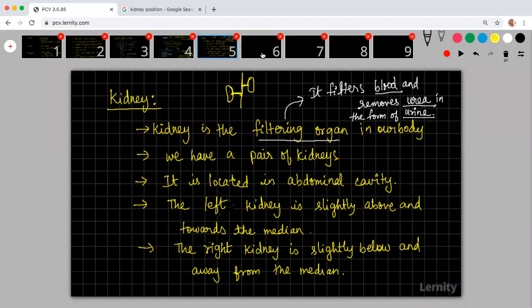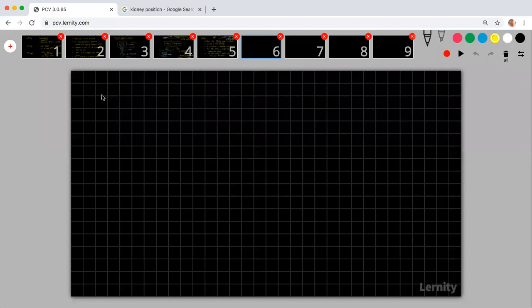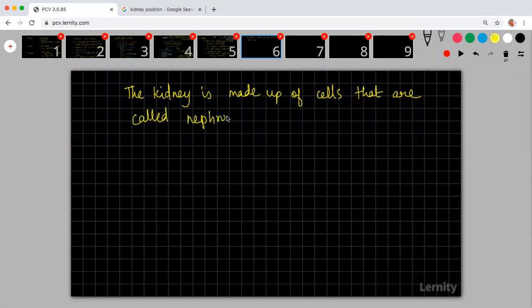Okay, so now coming to the next part, you need to know that the kidney is made up of cells called nephrons.